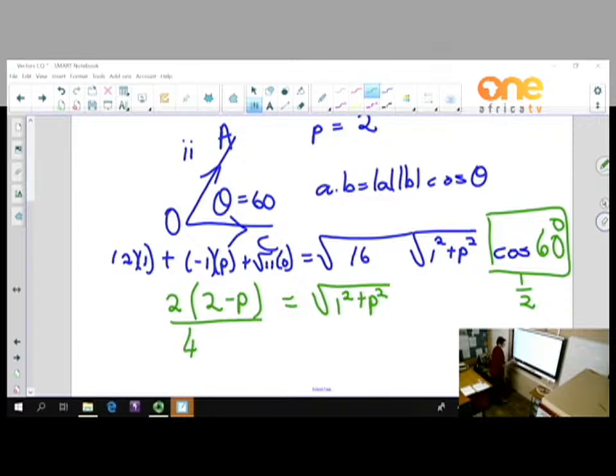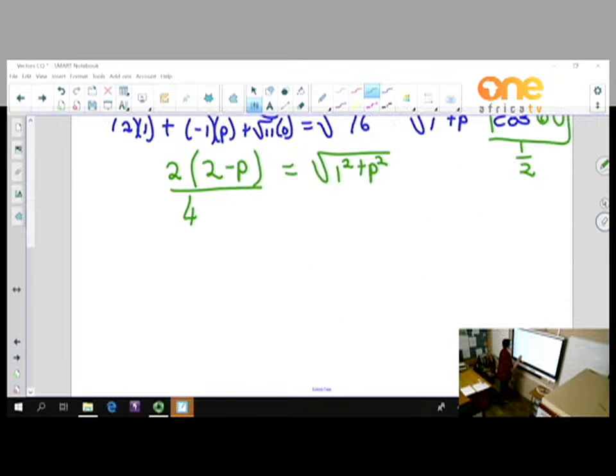So from here, it's just algebra that we're going to do. If I simplify it here, it is a half, 2 minus P, which is equal to the square root of 1 squared plus P squared. And you can deal with it now in different ways here to get rid of the algebra.